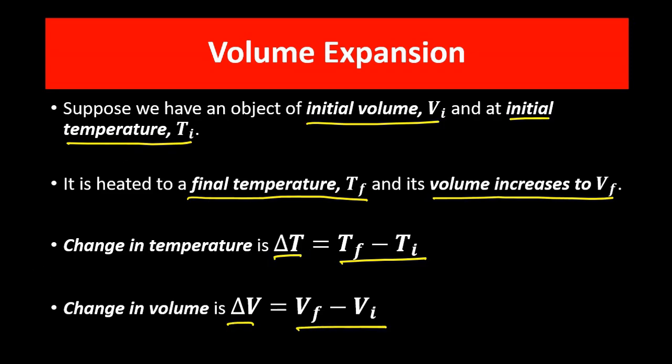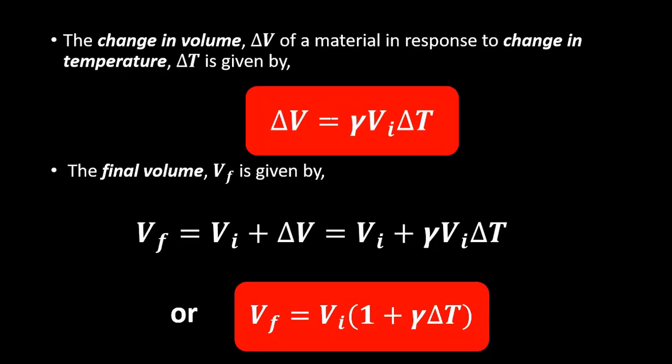Now this change in volume, as you all know, is directly proportional to the initial volume, and it is also directly proportional to the change in temperature. So when we combine both these, we get delta V is equal to gamma Vi delta T, where gamma is the volume expansion coefficient.